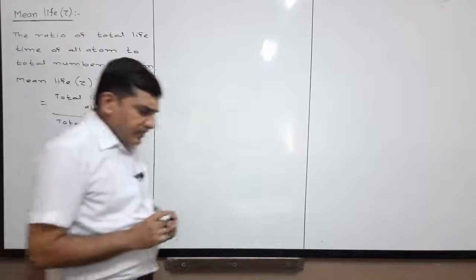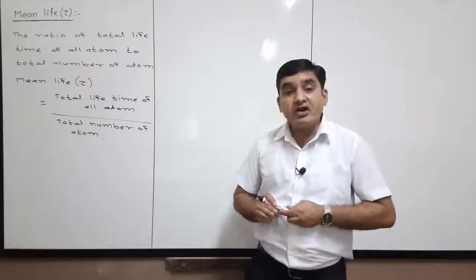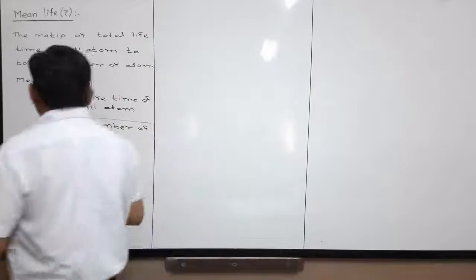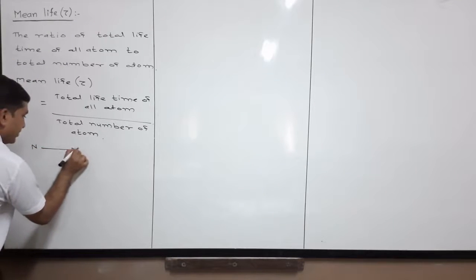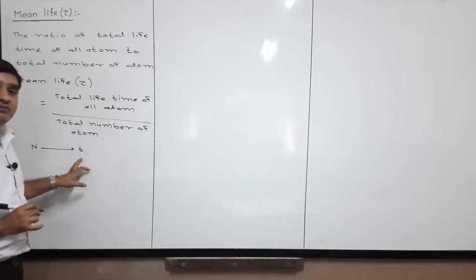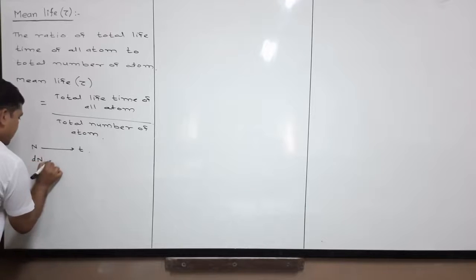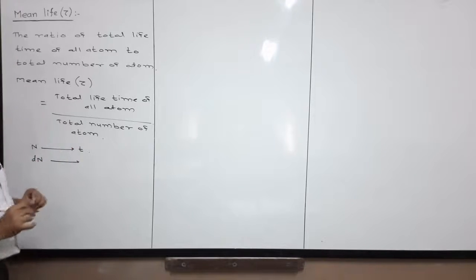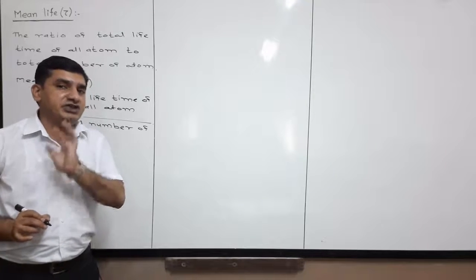We know that N is the number of atoms or radioactive nuclei present at instant t. dN is the number of radioactive nuclei that disintegrate in a time t plus dt.